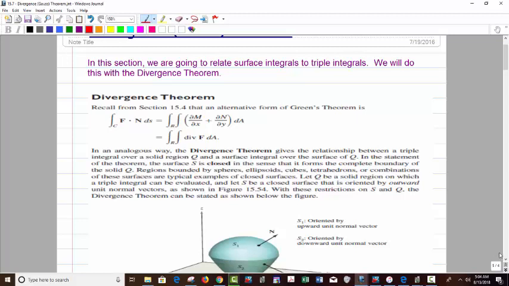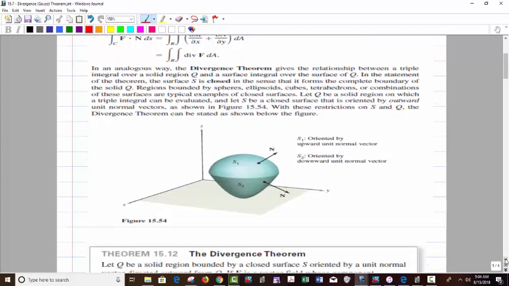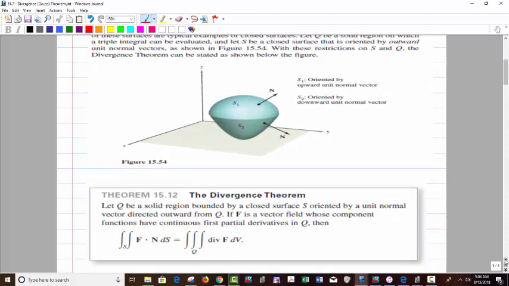I'm sticking with oriented outward again. So here's the gist of the divergence theorem. The divergence theorem says we can essentially find a surface integral, which was F dot n dS, which was the last way we did them when it's a vector field.